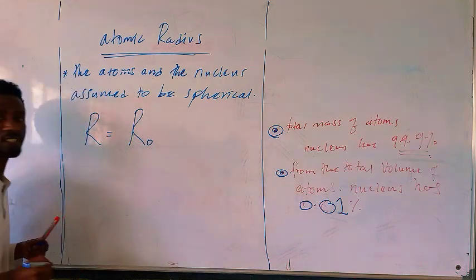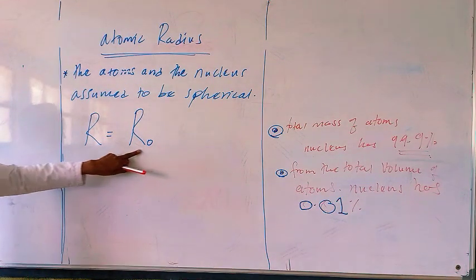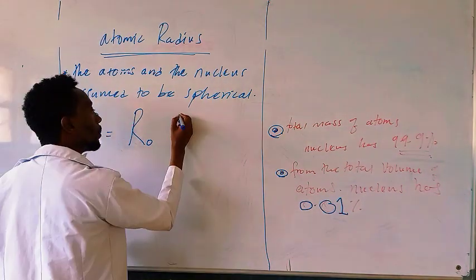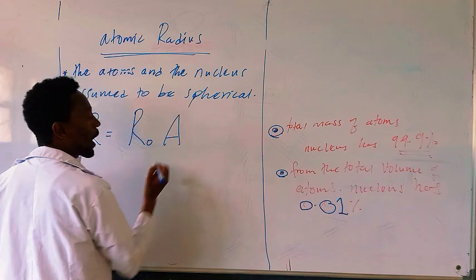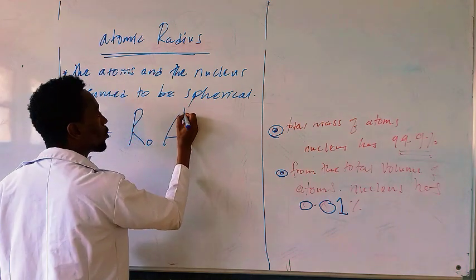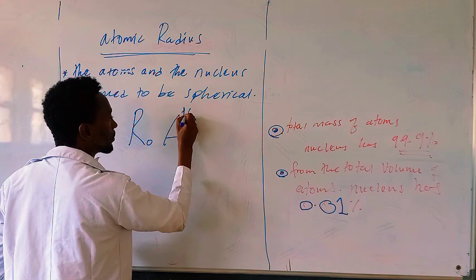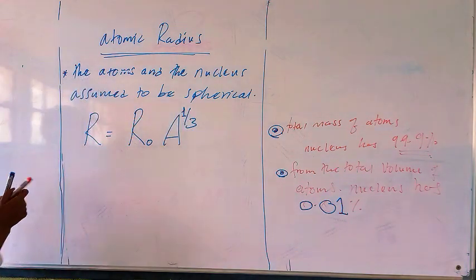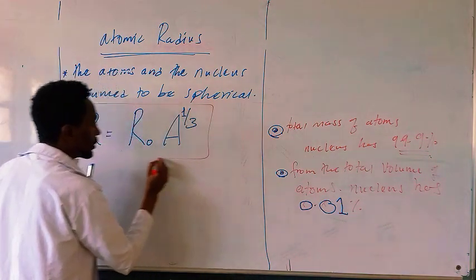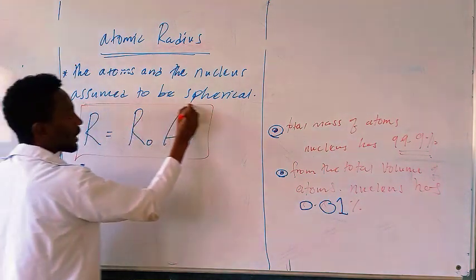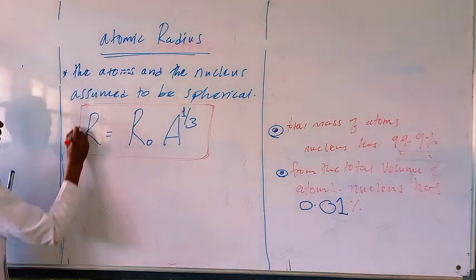So that radius of any atom is equal to the radius of the nucleus, which we represent with R0, times the mass number raised to 1/3. This is the equation of the radius of atom.